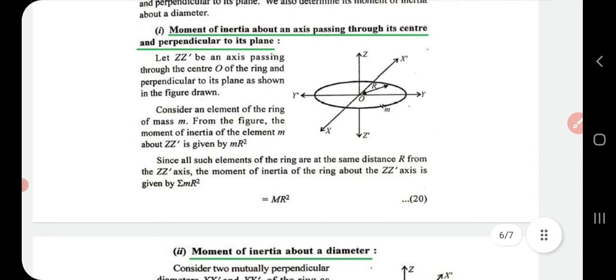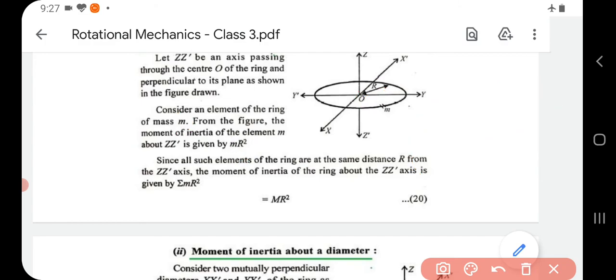Okay, so this is very simple. First you consider a very small element of the ring, say of mass m, and you found that that element is at a distance r. So its moment of inertia will be mr square.